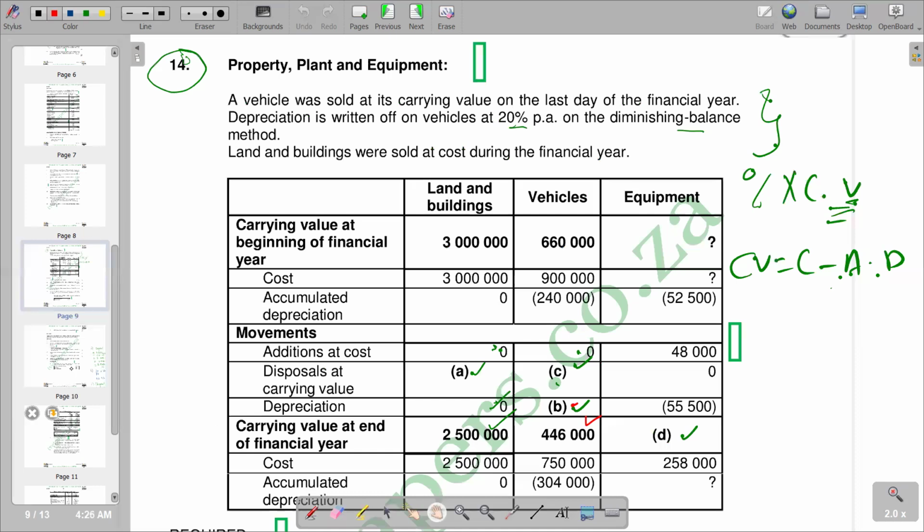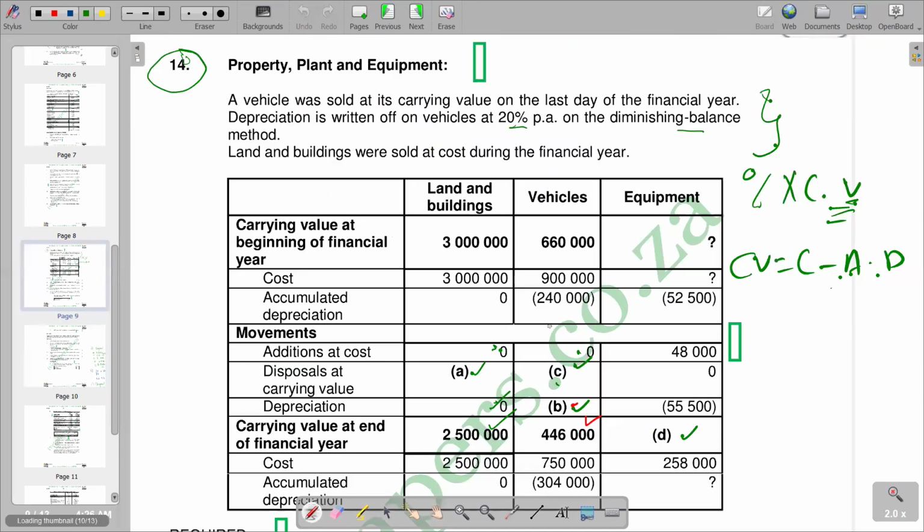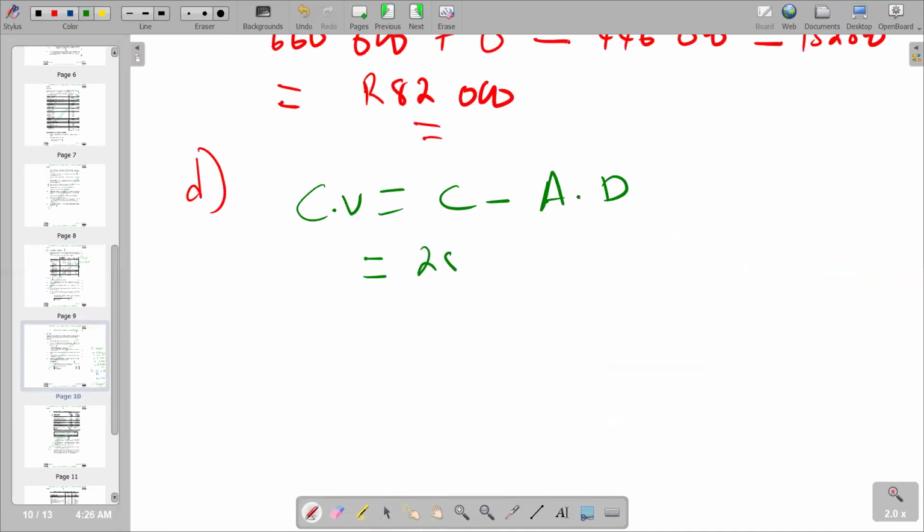So to calculate carrying value at the end, we are going to say cost minus accumulated depreciation. And obviously, our cost, we check our cost at the end. I will give you it is 258,000 minus accumulated depreciation.